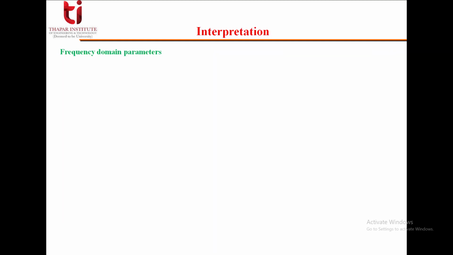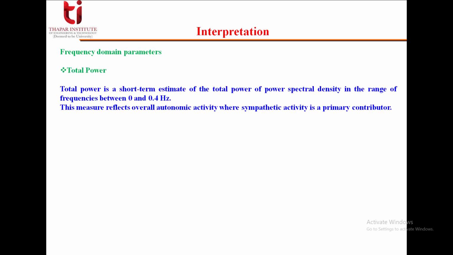So let's see the interpretation of these frequency domain parameters. What is total power? Total power is a short-term estimate of the total power of the power spectral density in the range of frequencies between 0 and 0.4 Hz.